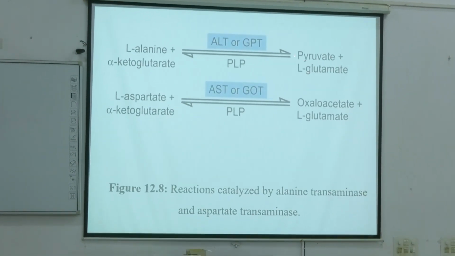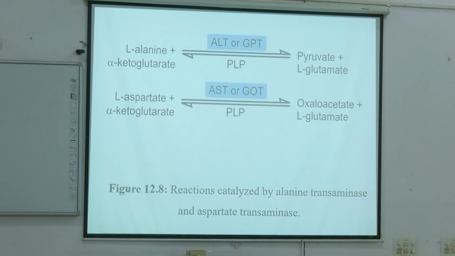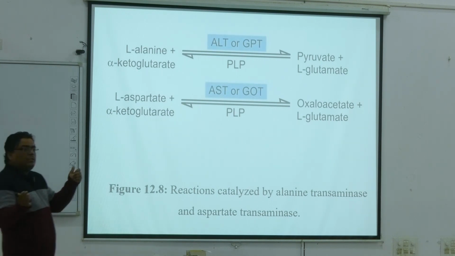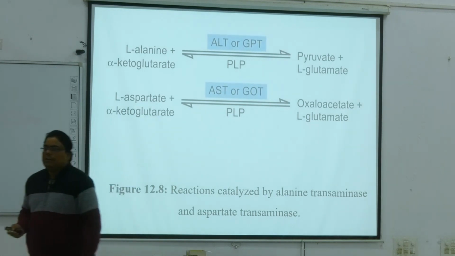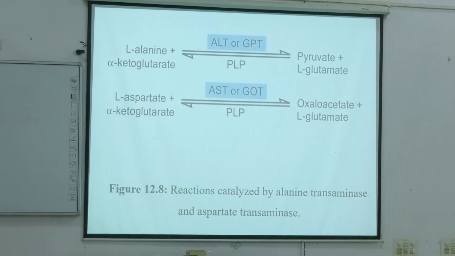Pyruvate is a substrate for which reaction? Gluconeogenesis. So that's why it is called a glucogenic amino acid: those amino acids which can directly participate in the formation of glucose.